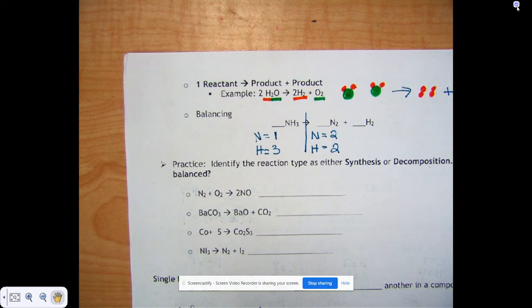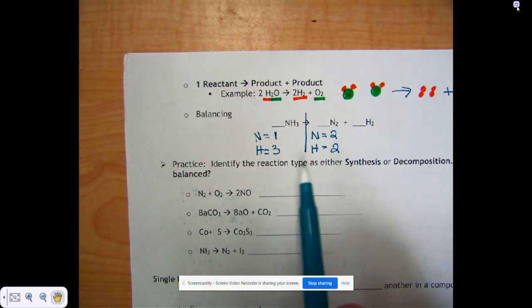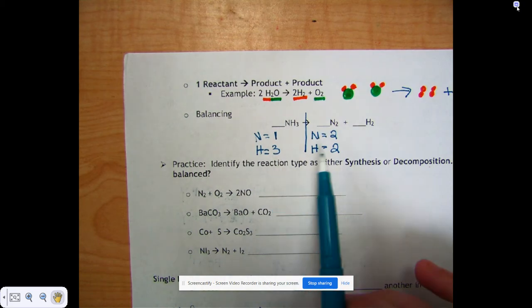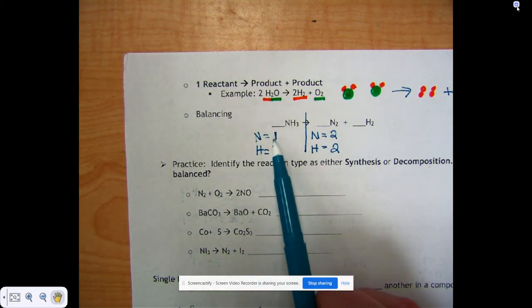Okay, and then I'm going to start adding coefficients. Now, when you look at this, I personally say, I'm not going to touch the 3 and the 2 just yet. I'm going to start somewhere different. Now, you can start here if you want. That's up to you if you know how to do that. All right, I'm going to start with the easy one.